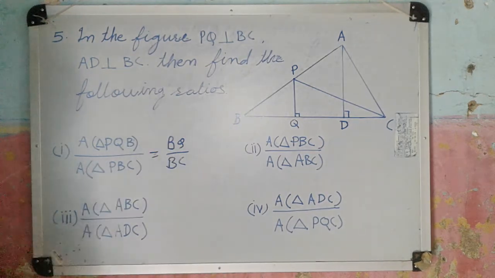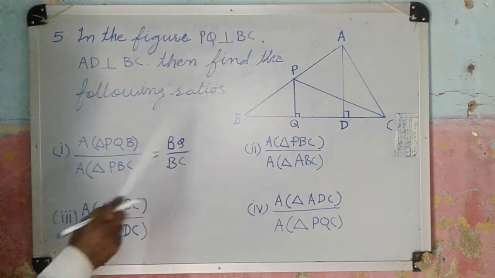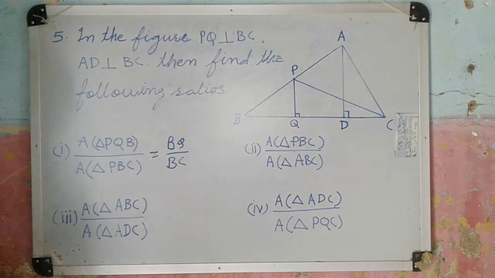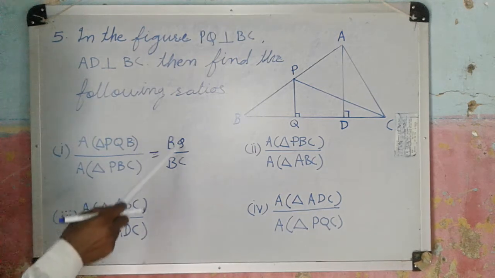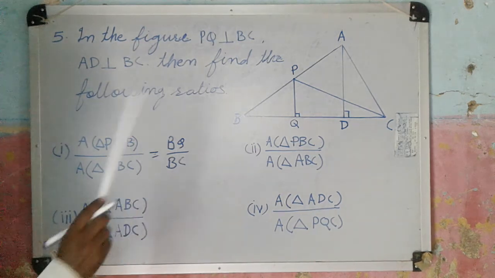Because these are triangles of equal heights, the ratio of their areas is equal to the ratio of their corresponding bases.